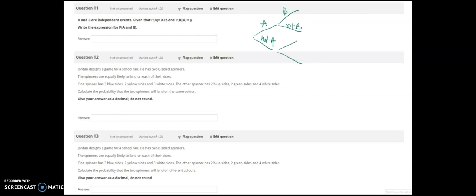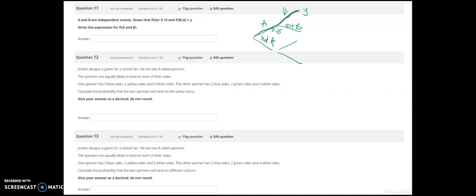So focusing on probability of A, so this would be 0.15, and probability of B given A, so that's this one, given A, what's probability of B, so this is Y. Now we need to work out the probability of A and B, which is exactly this route.